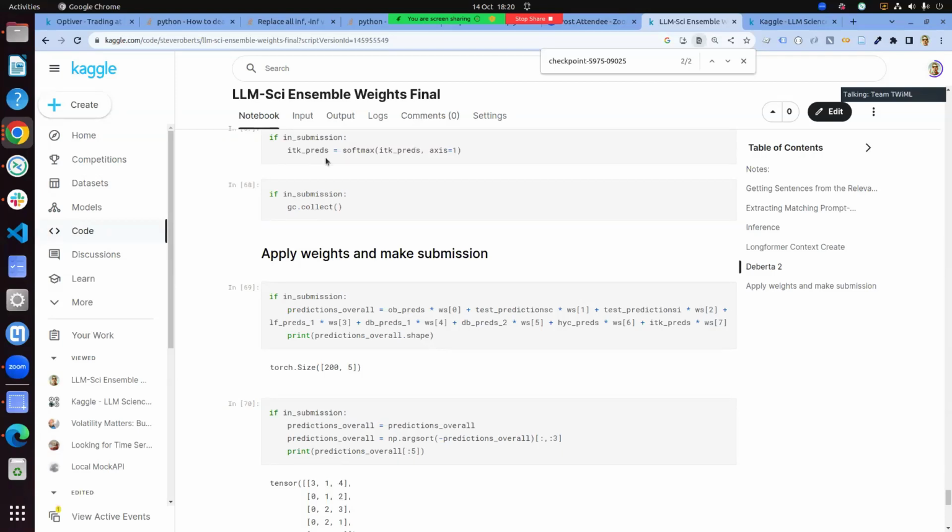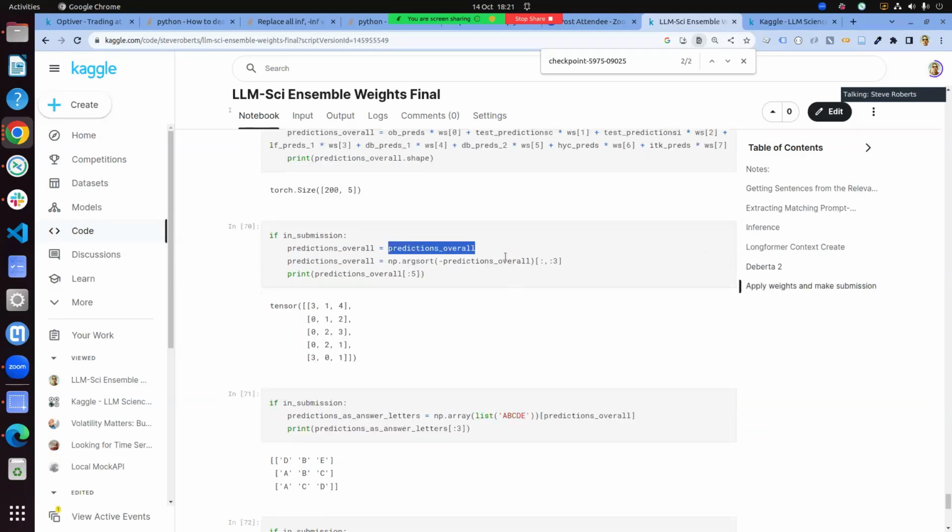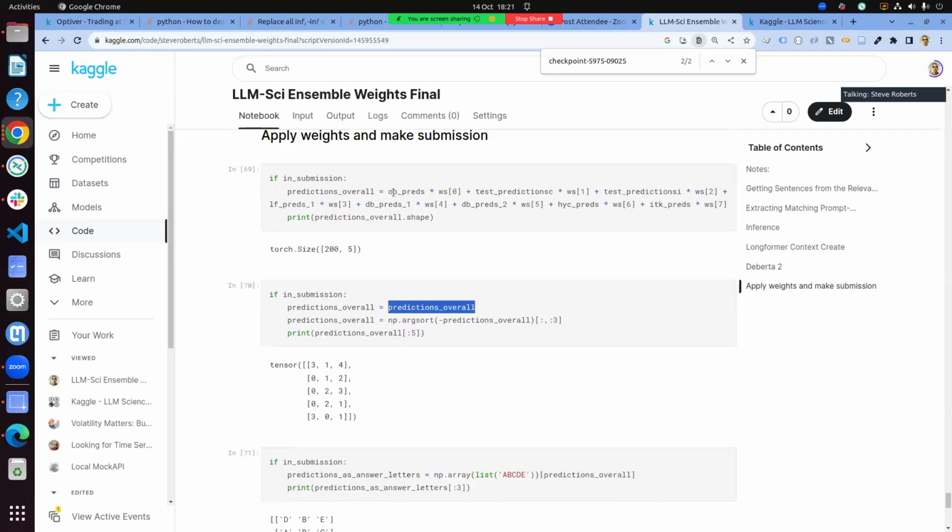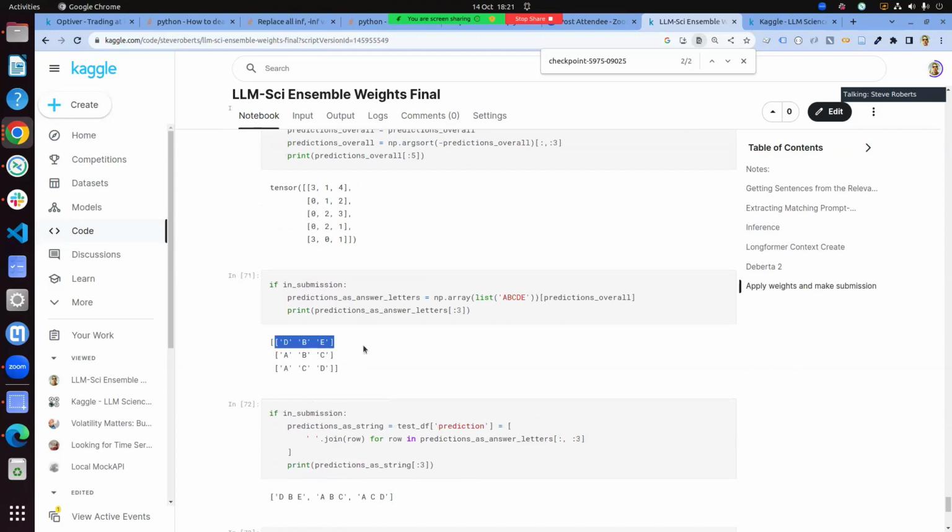So every single one is the softmax. Each one is the probability from the model, multiplied by the weights. And then you calculate the final, and then you take the top three from that. So these are weighted probabilities. It's all of the probabilities from each model weighted and added together, and then converted into A, B, and C.